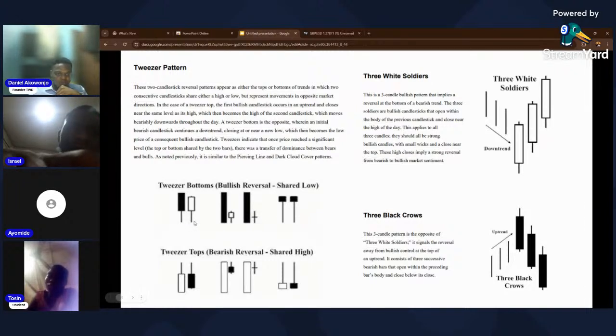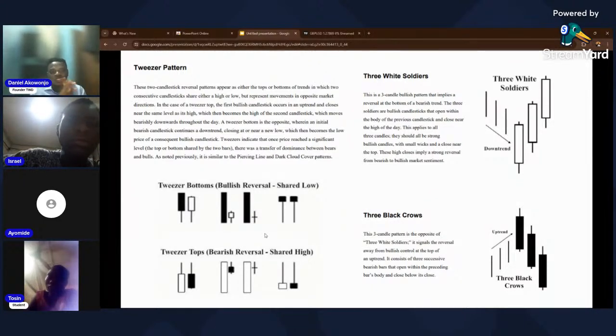Some of the lows are actually on the same line. The tweezer tops share the same high. Look at the two highs. Do you see those two highs? Two candlesticks sharing the same high.